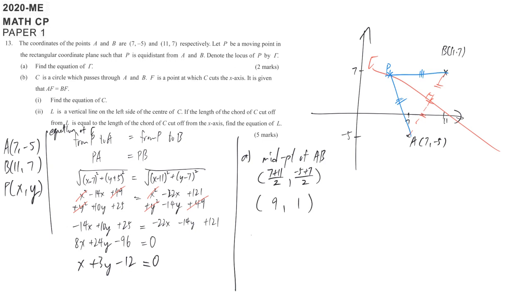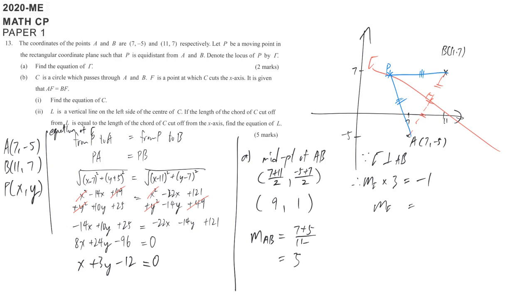And then we get the slope of AB, which is equal to (7 plus 5) over (11 minus 7). Since L is perpendicular to AB, we are talking about the perpendicular bisector. So our target slope times 3 should equal -1.